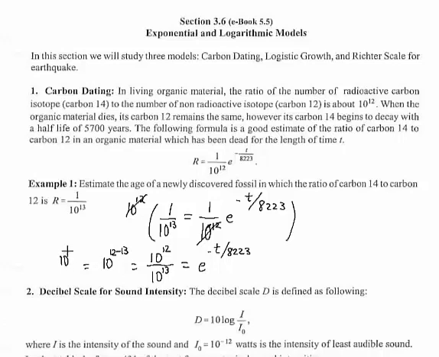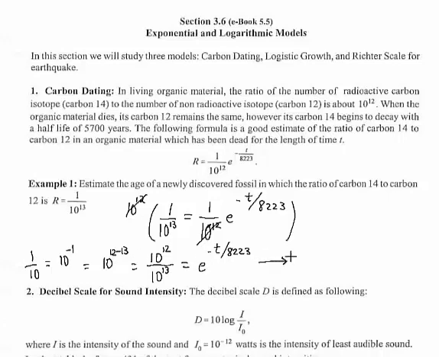And this is 10 to the negative 1, which can be written as a tenth. Okay, so the original amount of carbon-14 has been reduced by a tenth. Alright, so from here we have an exponential expression equal to 1/10.